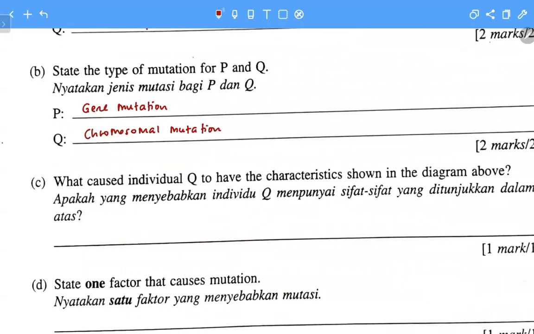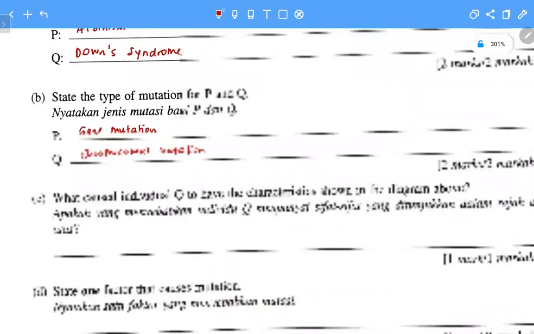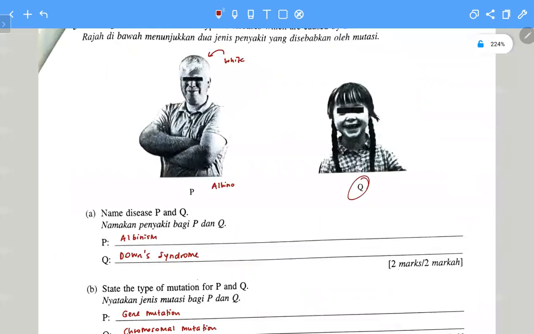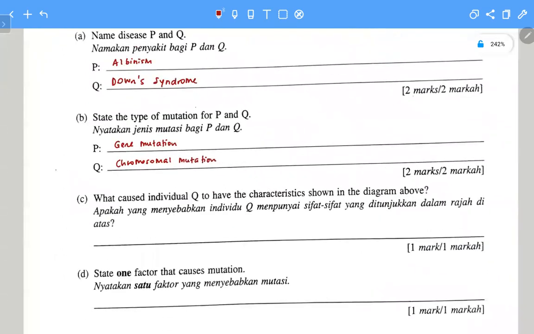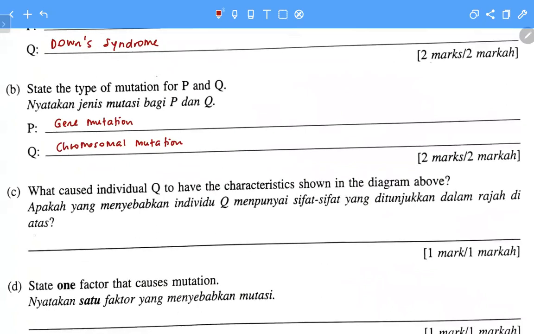Next, what causes individual Q to have the characteristics shown in the diagram above? So it's asking you what causes Down's syndrome. You can put here an extra copy of chromosome number 21.